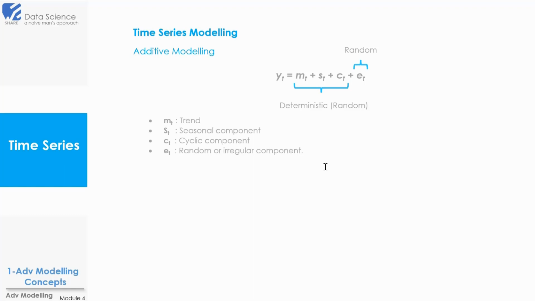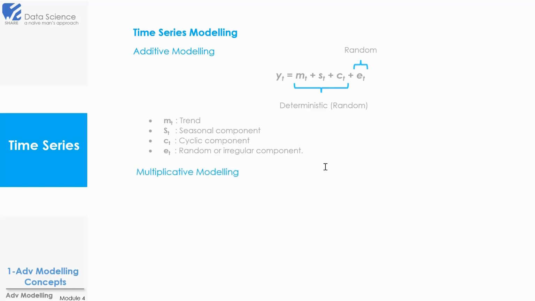Now on the right hand side, the first 3 components are called the deterministic components and the last component is the random component. mt here is the trend, st here is the seasonal component and ct is the cyclic component and et here is the random or irregular component. Don't worry, we'll see the definition in a while.